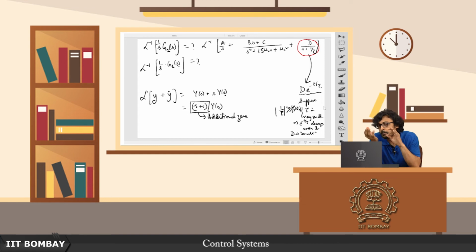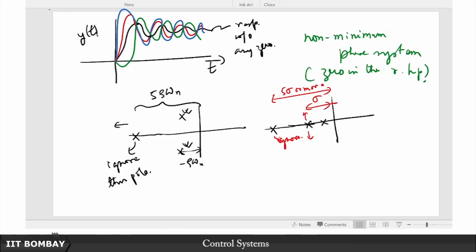In such a case, maybe we will still be able to ignore the effect of this extra mode or added pole, even though it does not decay soon enough. Sounds counterintuitive, isn't it? But I assure you that such things do happen, and you can convince yourself with a very simple exercise. Suppose you have omega n squared upon s squared plus 2 zeta omega n s plus omega n squared, and then you have 1 plus s tau z upon 1 plus s tau p.